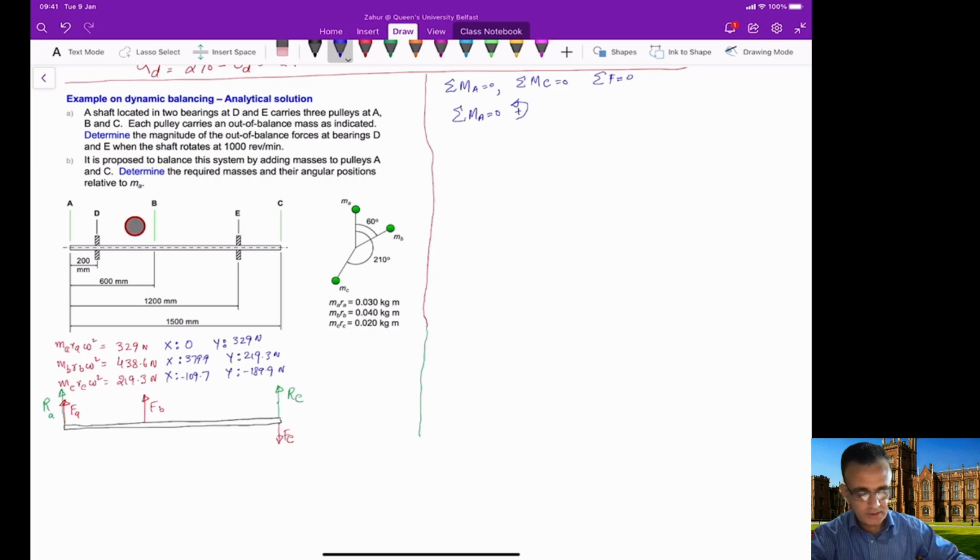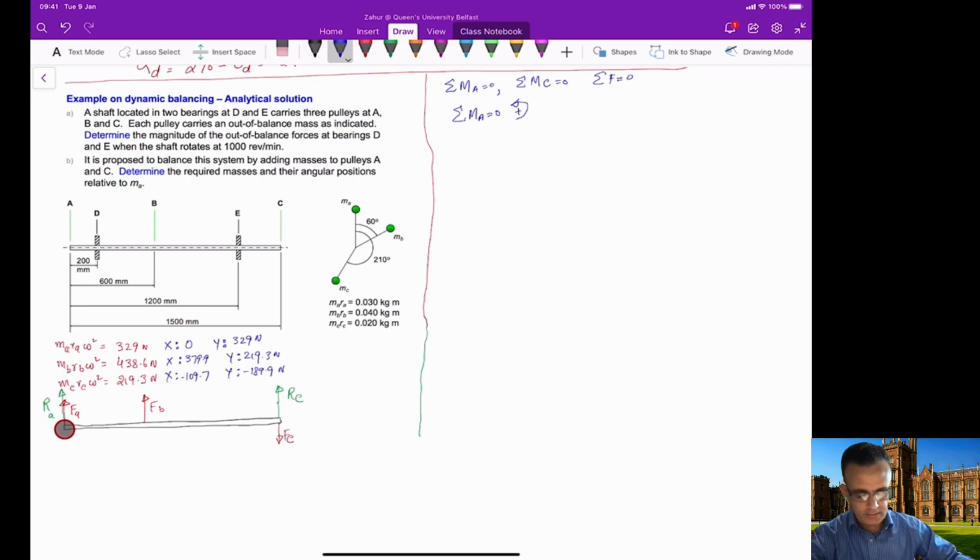So there will be no reaction at D and E. Therefore, we cannot include forces at D and E because the system will be dynamically balanced. As you can see, if we take moments from A, we have these three forces: one is FB, one is RC, and one is FC. Now we know the distances there, so we can calculate the moments.